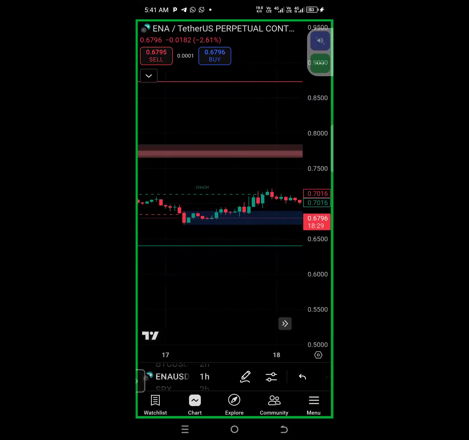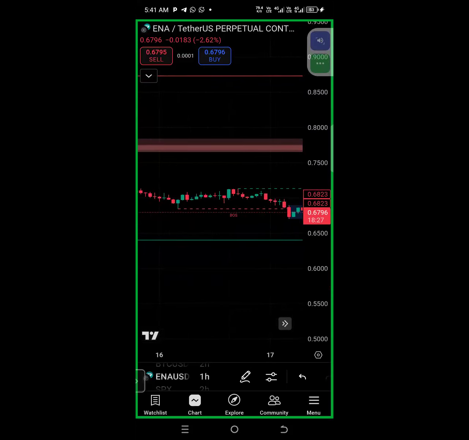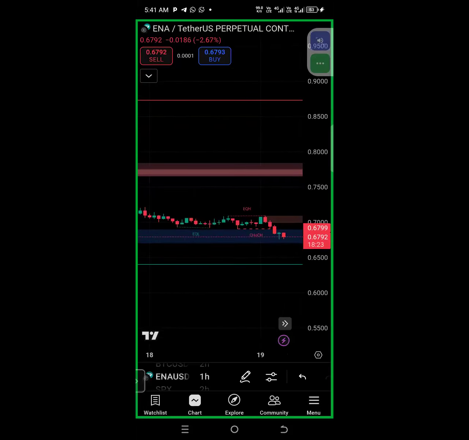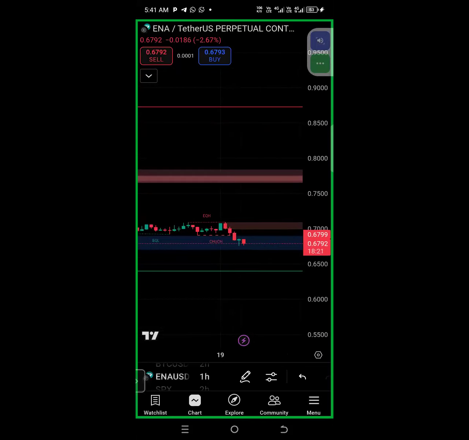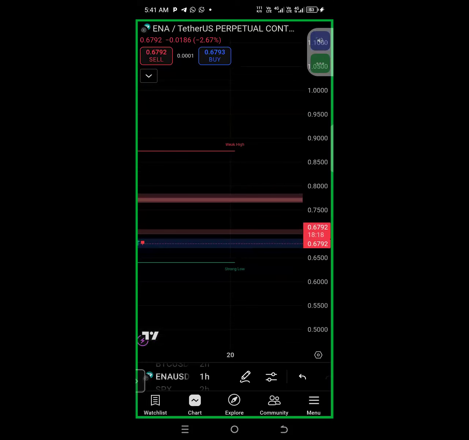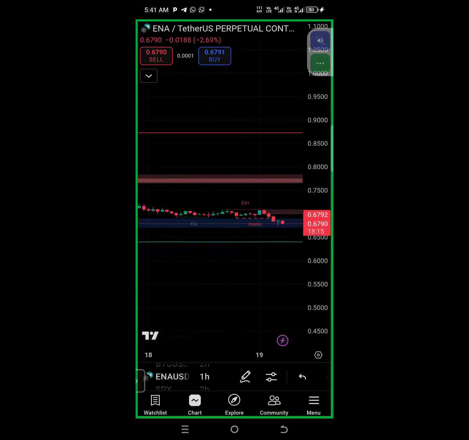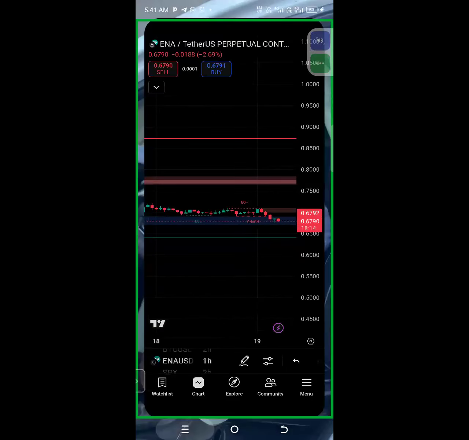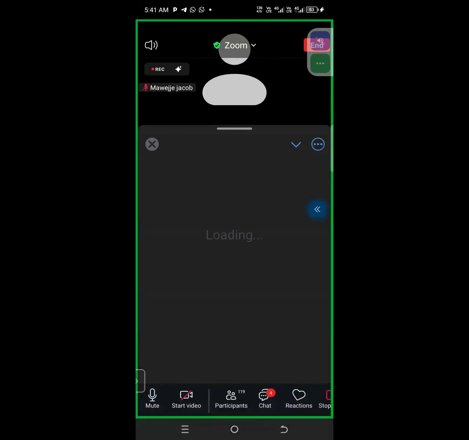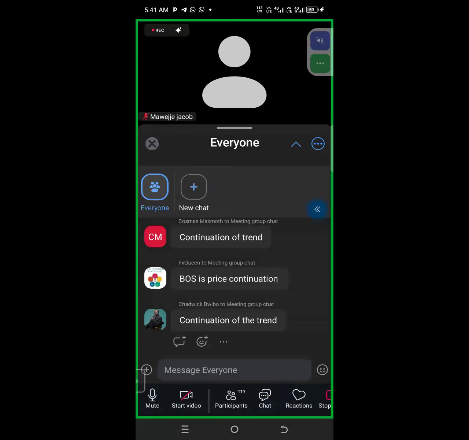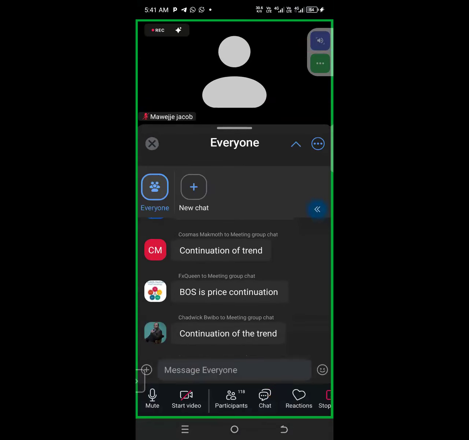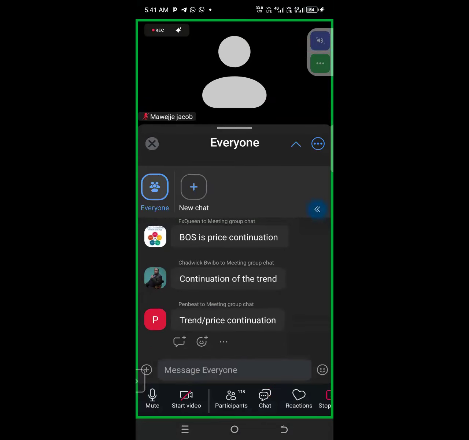What did we say break of structures are? The continuation of trend, price continuation.